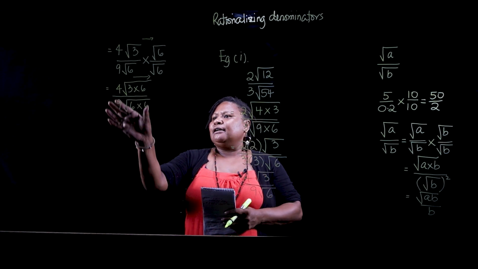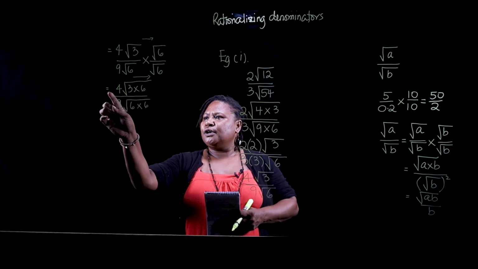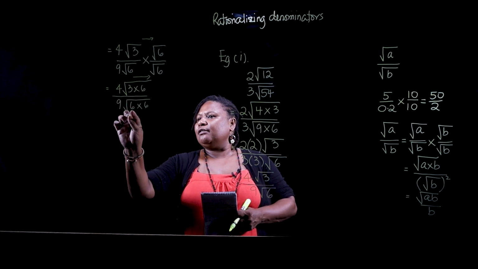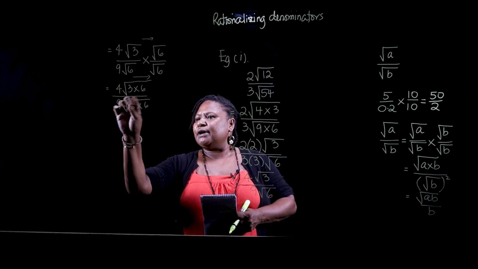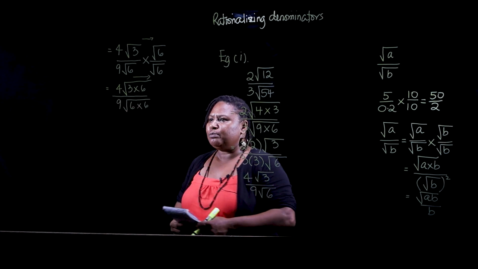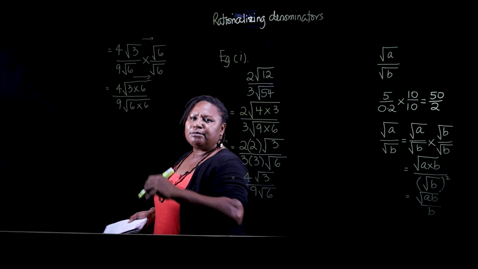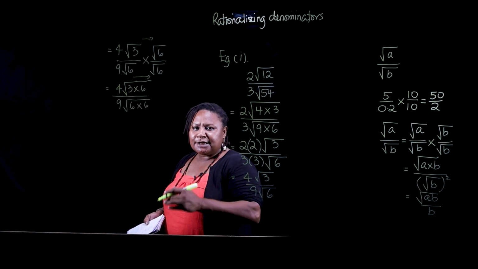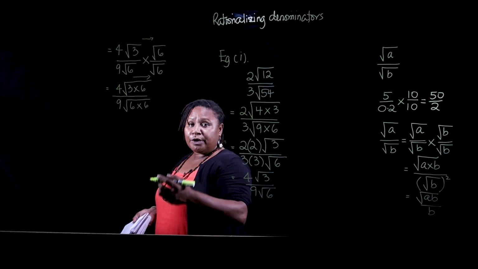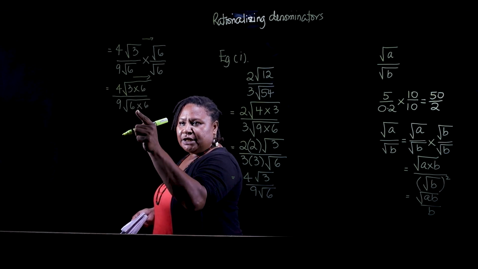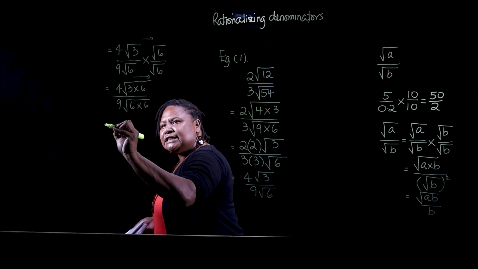Now we are going to simplify the radical sign at the denominator. 6 times 6 is 36. It's a square number, and the square root of 36 would be the number itself, which is 6.